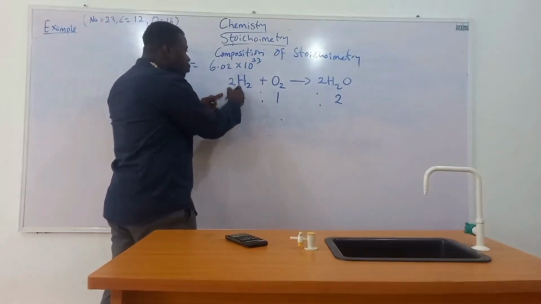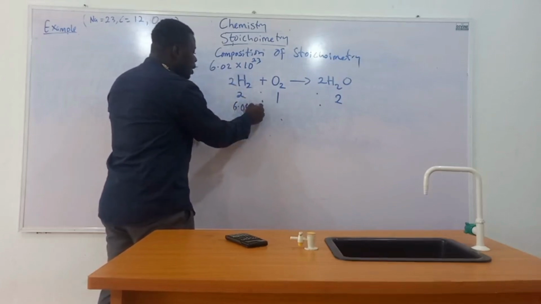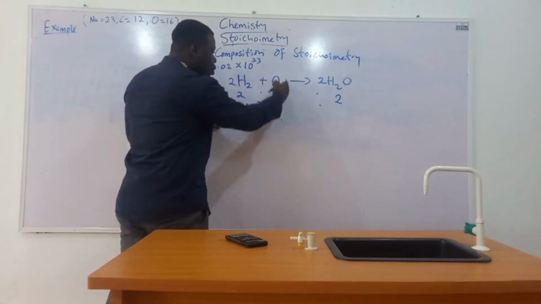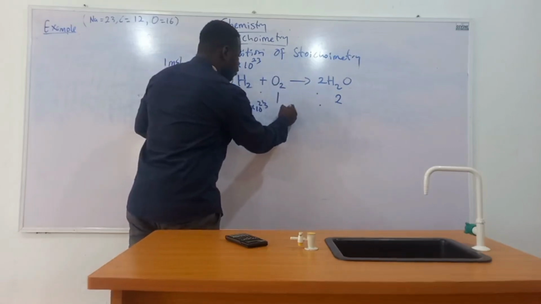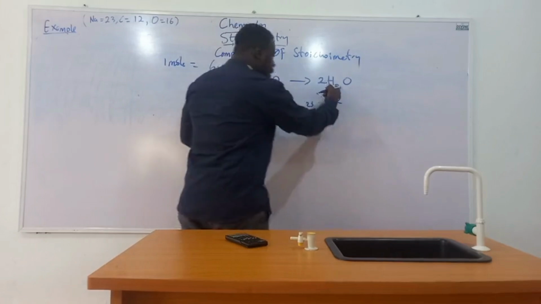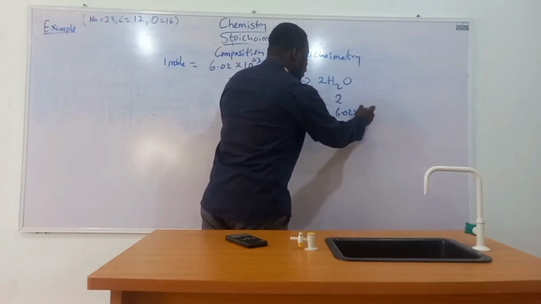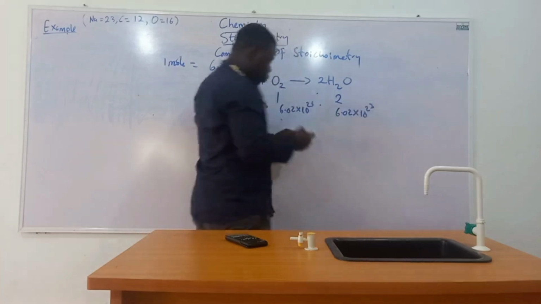So hydrogen, which is 1 mole, is supposed to contain 6.02 times 10 raised to the power 23. Oxygen contains 6.02 times 10 raised to the power 23. Then this one is supposed to contain 6.02 times 10 raised to the power 23.